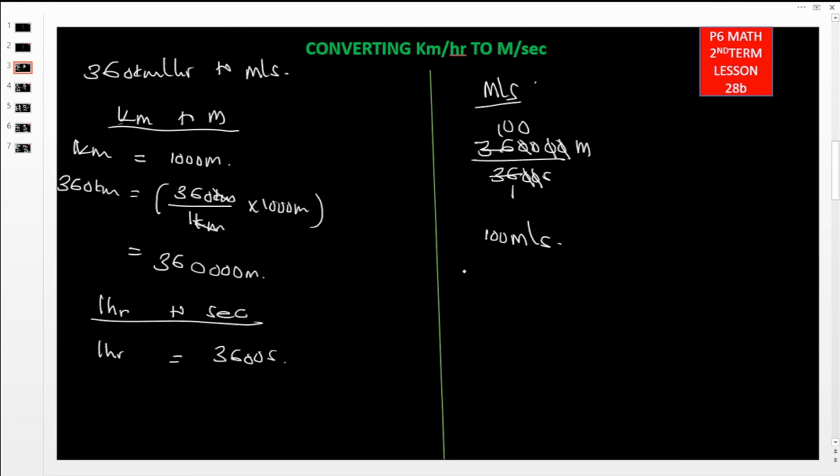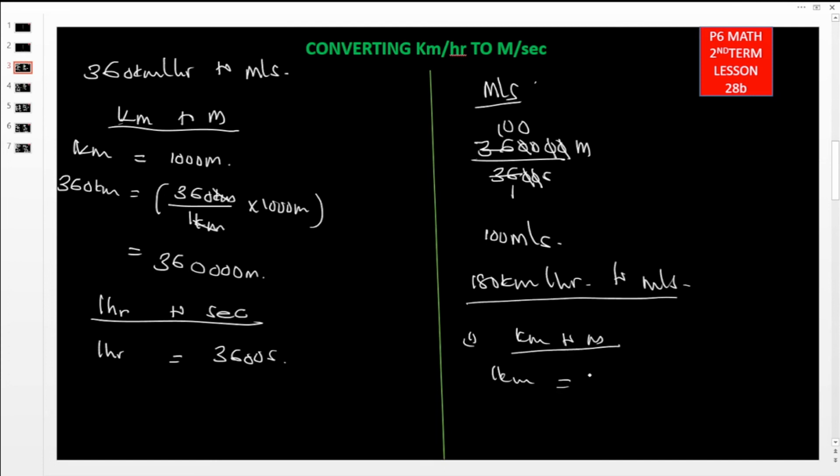Are we there? Now let us get our last example: 180 kilometers per hour to meters per second. Let us take this one. So the first step here is to change kilometers to meters, right? Whereby 1 kilometer is equal to 1000 meters. Then how about 180 kilometers?